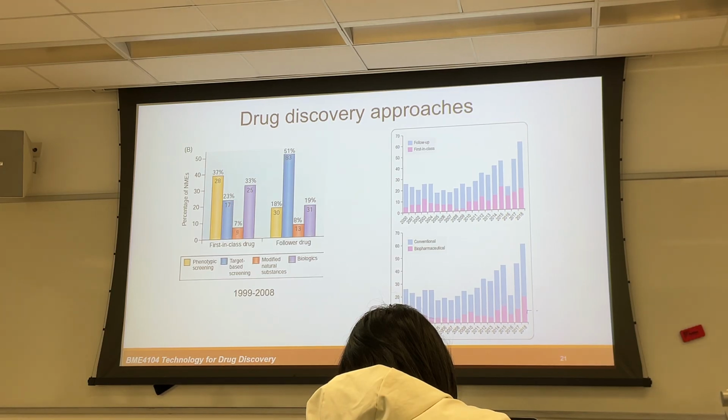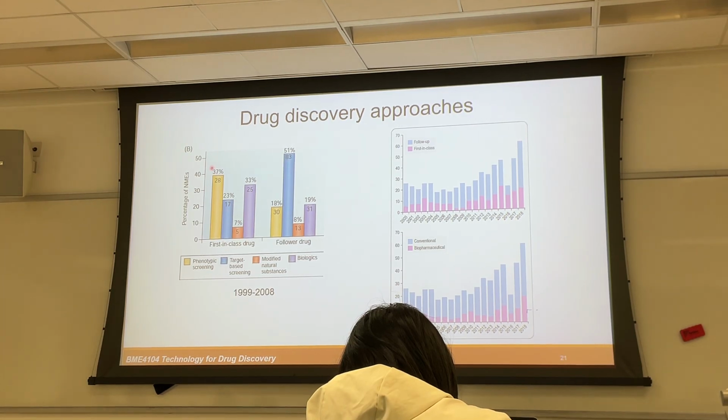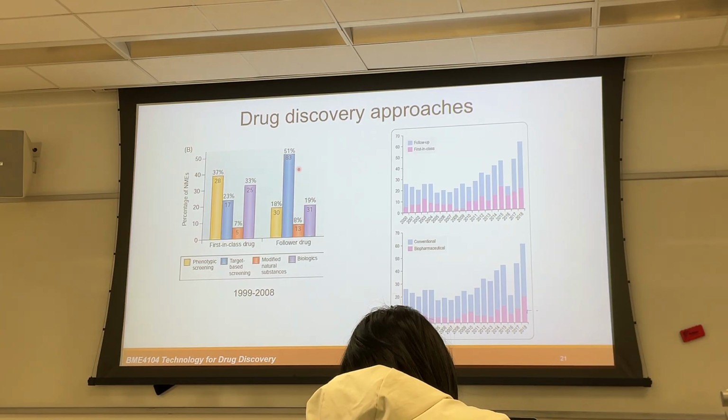You can see the first-in-class drugs are mostly discovered by phenotypical screening, which makes sense, right? But most follower drugs are developed using target-based screening, because after knowing the target, it's very easy and intuitive to do some modification and make follower drugs.